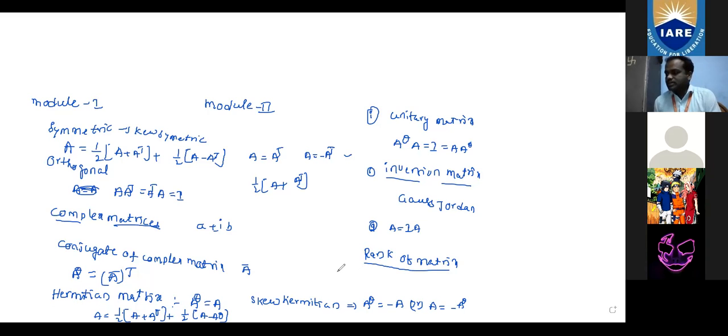The first method is using echelon form. Echelon form of matrices: we can do row operations and column operations, but you learn only row operations, the row echelon form.